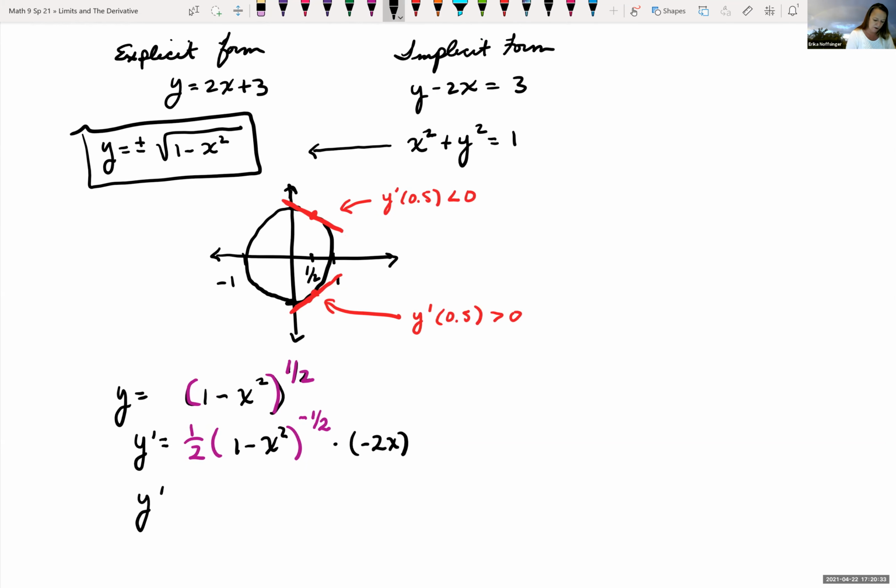So we have y prime is equal to, rewriting this, cleaning it up a little bit, I noticed that my 2 here in the denominator cancels with this 2 in the numerator, bringing down the piece with a negative exponent to make that exponent positive. I'm left with a -x in the numerator, all over, and I'm just going to rewrite this as a square root of 1 minus x squared.